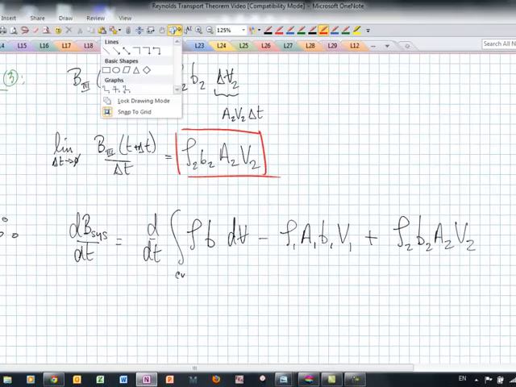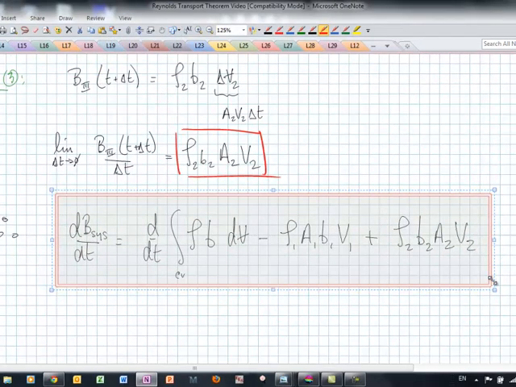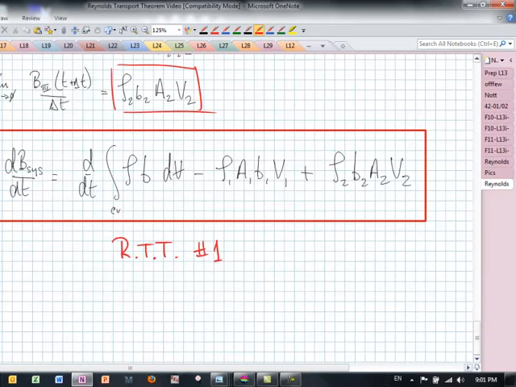And that, folks, is our first form of Reynolds Transport Theorem, what we also call the restricted form.